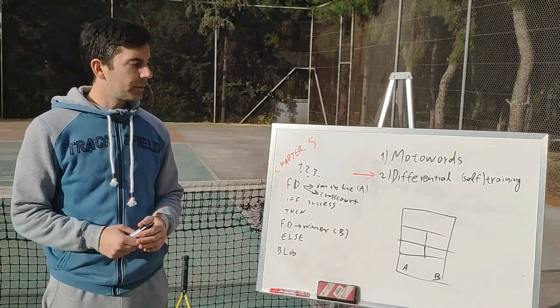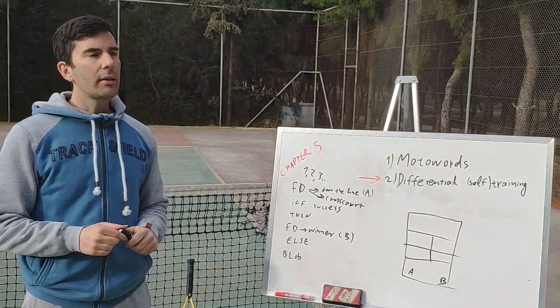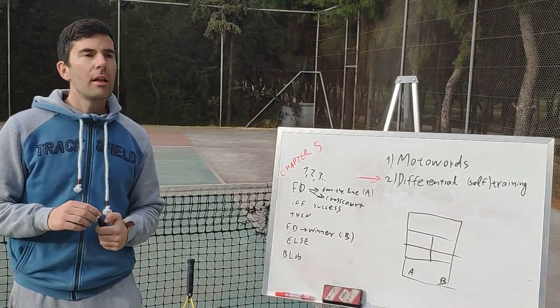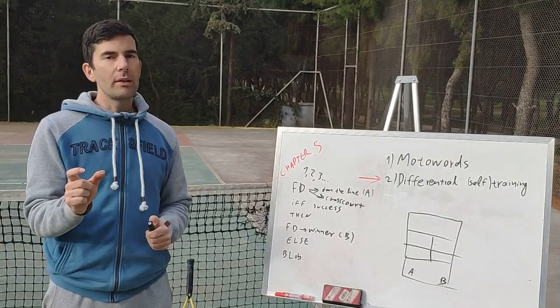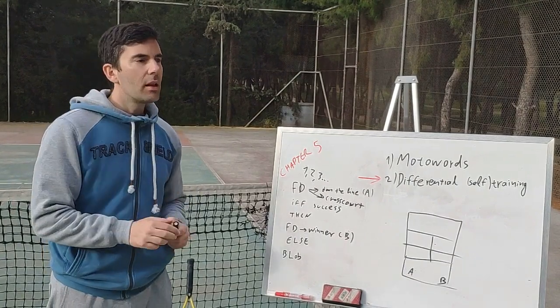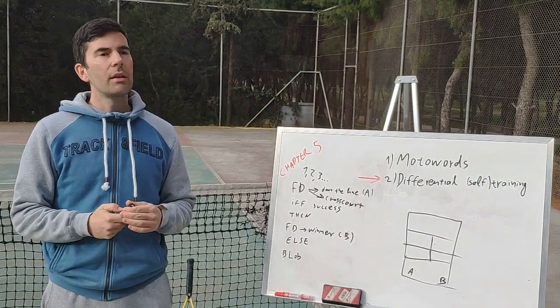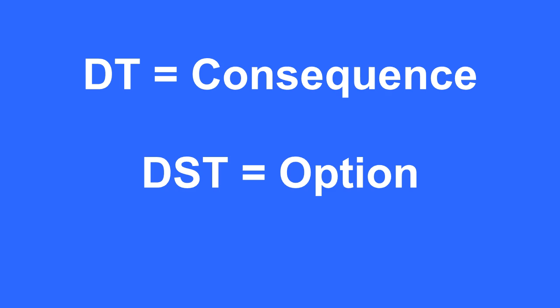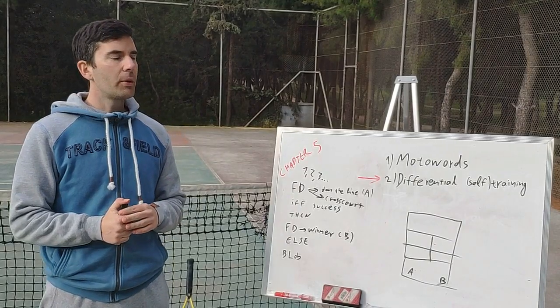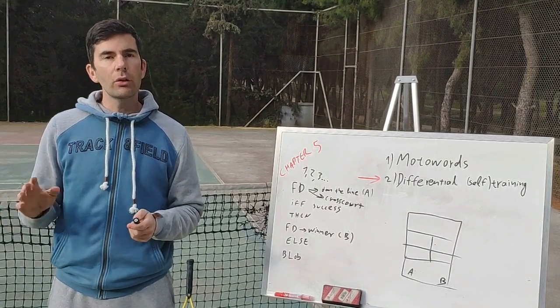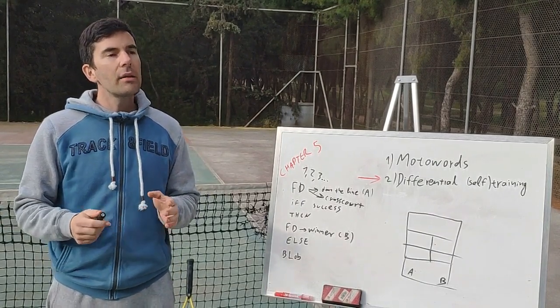You can make any adaptation of this, okay, and really make an interactive training session with your athletes. This way, your athlete will be able to understand what a consequence of an action means and what an option means. For example, if I hit a bad stroke, then there is a consequence.